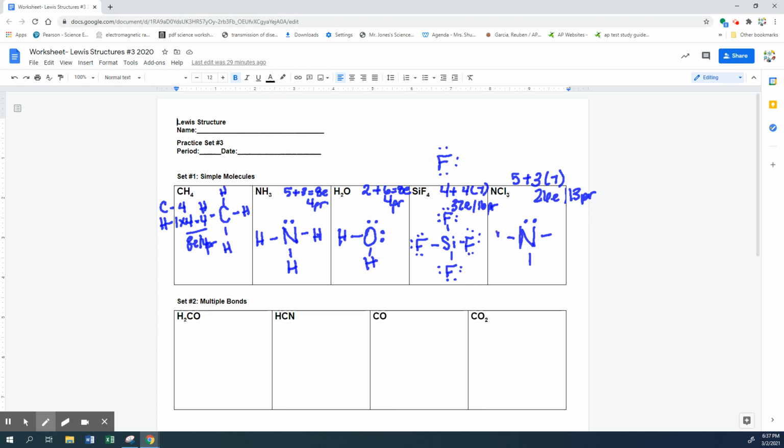We have 3 Cls, so we place one of those on each bond. Chlorine is drawn much like fluorine, with 6 valence electrons on its own, and then 1 pair. Check to make sure everything is happy. Our N has 4, and each chlorine has 4.